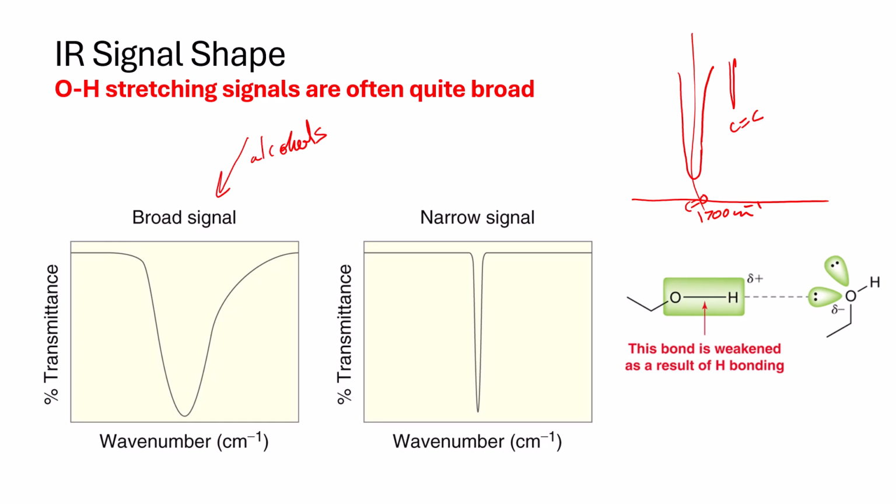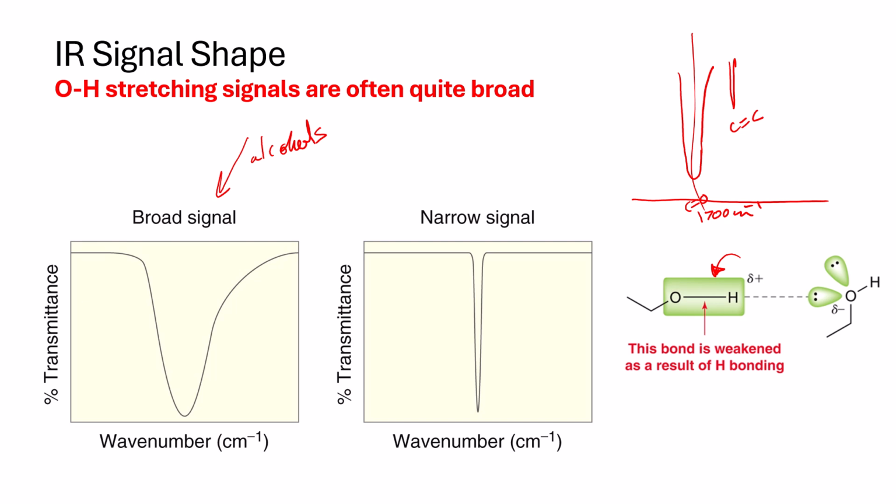So this is constantly changing the distance and the force constant. This is why we see an average. Because of those changes in the nature of the bond, I see the average of that, so a broad signal for alcohols.